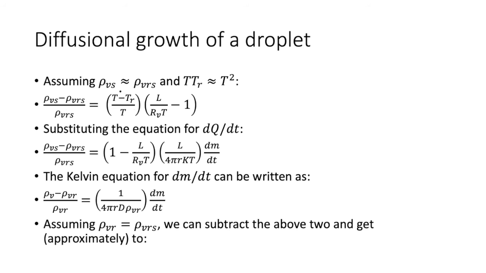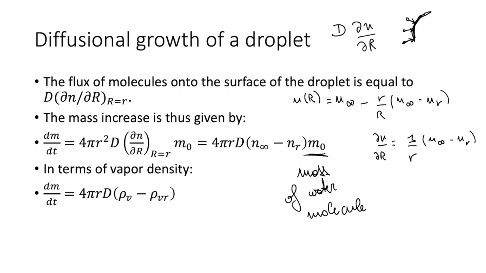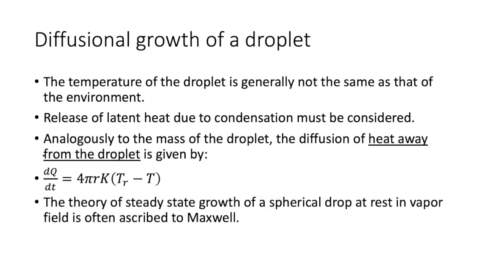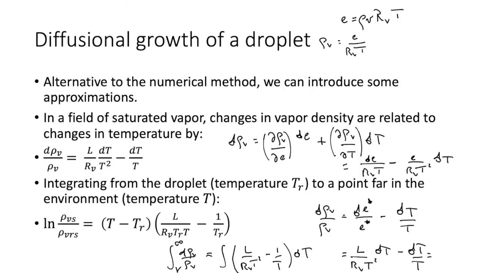And this gives you, because we assumed that we were at equilibrium, that L dq over dt equals dm over dt, right? Times L, yeah? And this we had computed, which gave you the formula a few slides before, 4 pi r k (TR minus T), right?